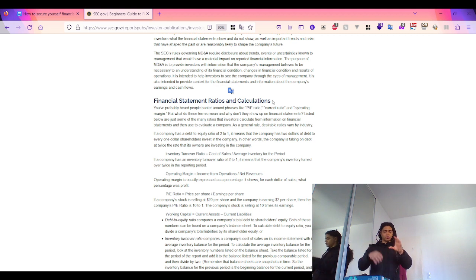Operating, investing, and financing. Operating activities reconcile the net income with the total amount of cash that was used or received from operating activities.